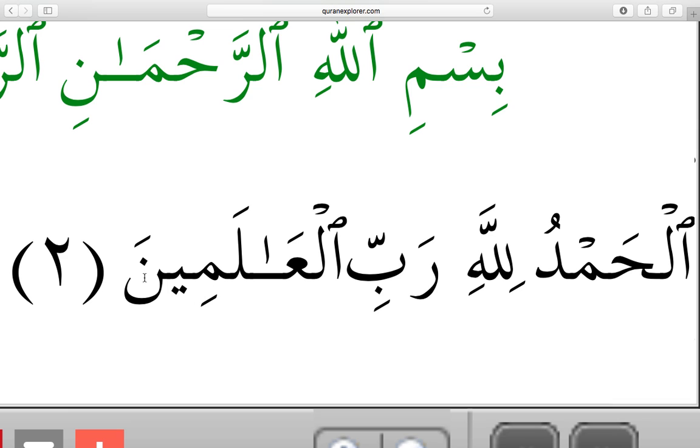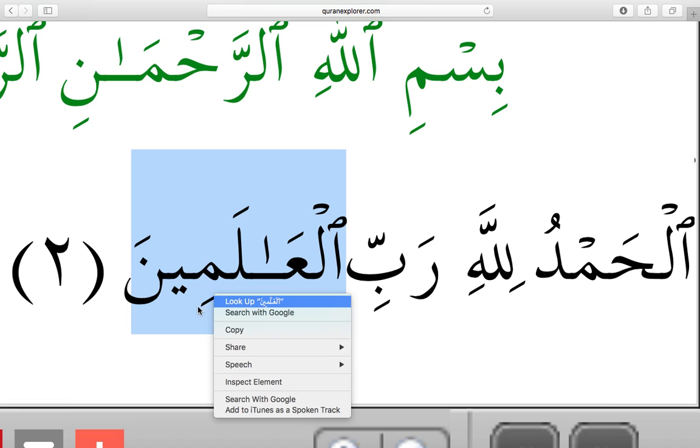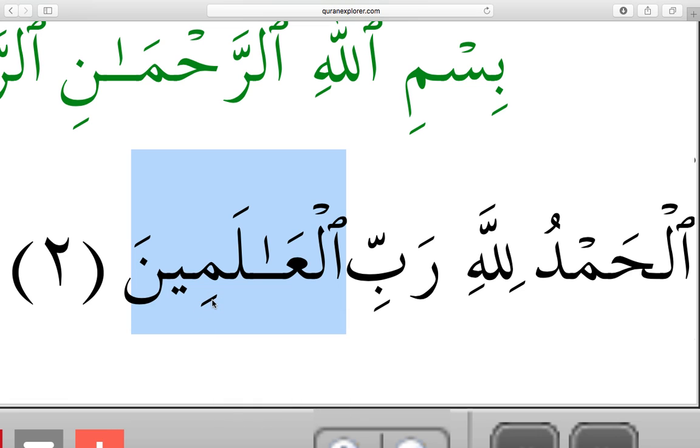The dots are on the letters, but the marks denote what type of movement or what type of sound that letter makes. So I'll start going into details about these, what are known as diacritical marks: dhamma, fatha, kasra, shadda, sukoon, and all these different marks in the next lesson video. So look for that.